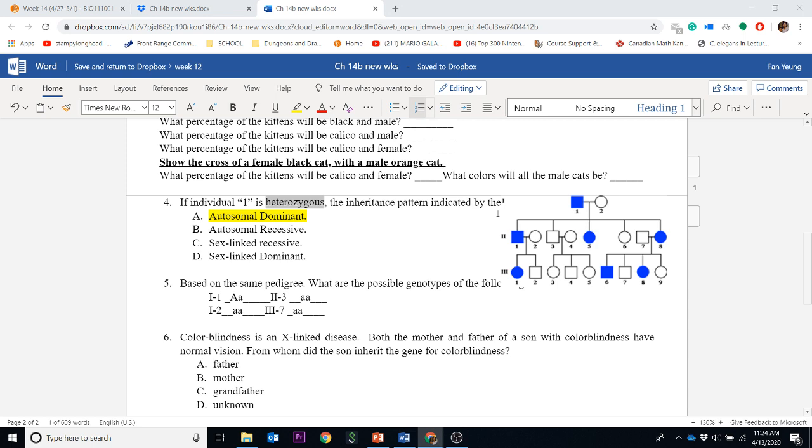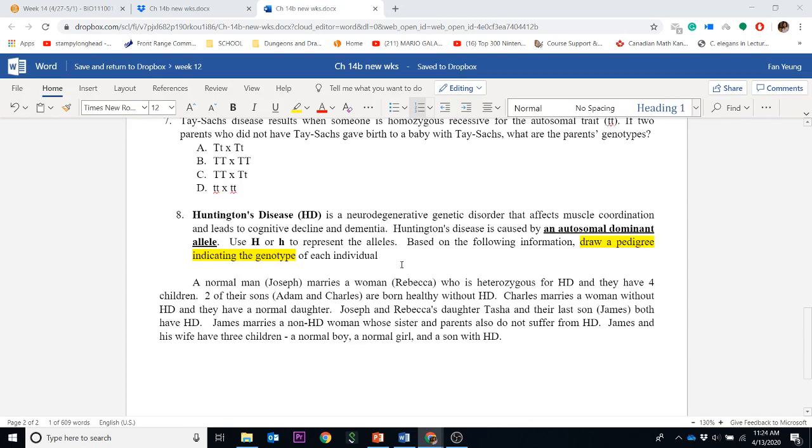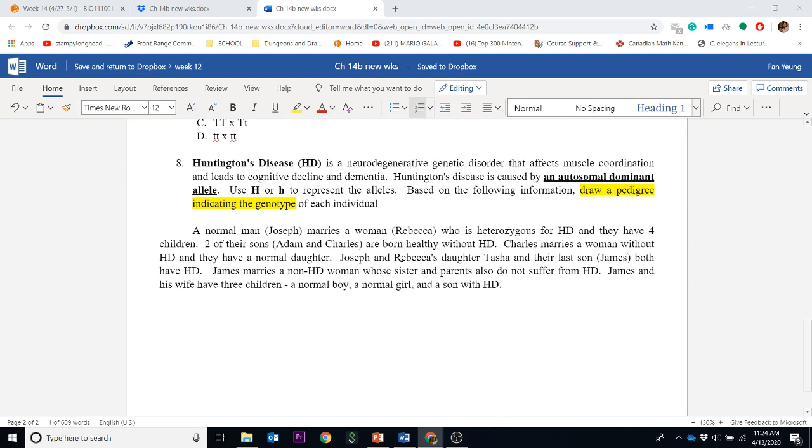Are you okay to do question number 8? Now this is another question about autosomal dominant, right? Remember, it just means that all it takes is one dominant allele for the individual to show the disease. It doesn't need two, it only needs one.